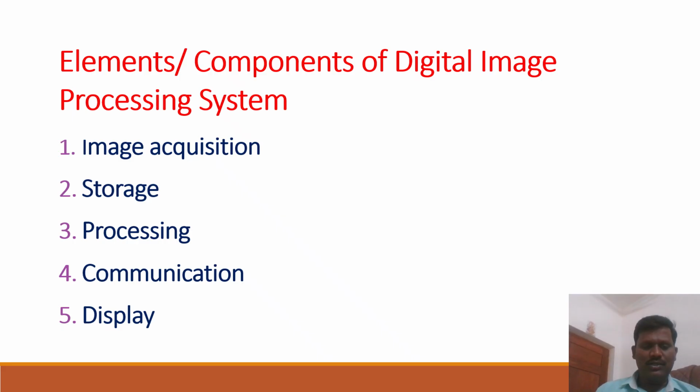For that reason, we require communication. After that, in certain situations, you require displaying the image, so we are also discussing display units. So for any digital image processing system, image acquisition, image storage, image processing, image communication, and display are the components.